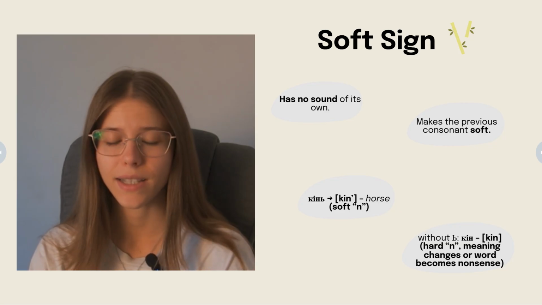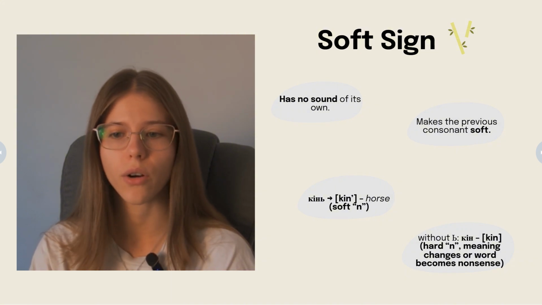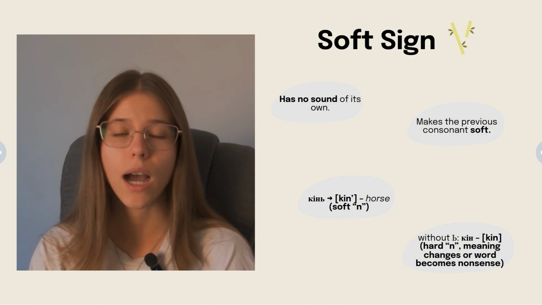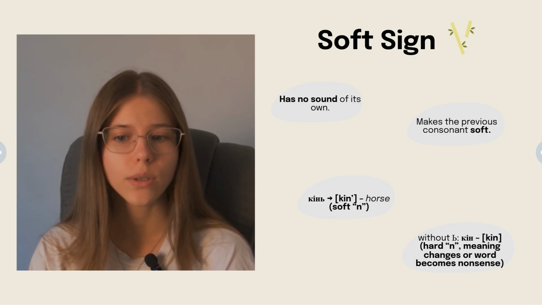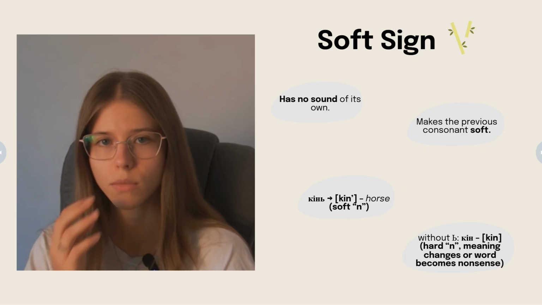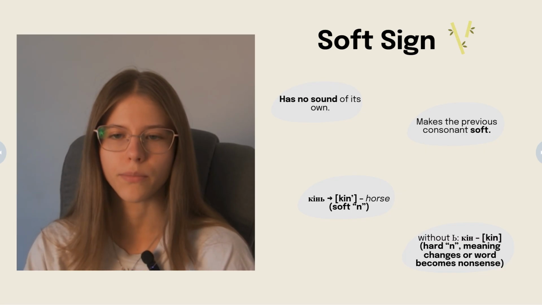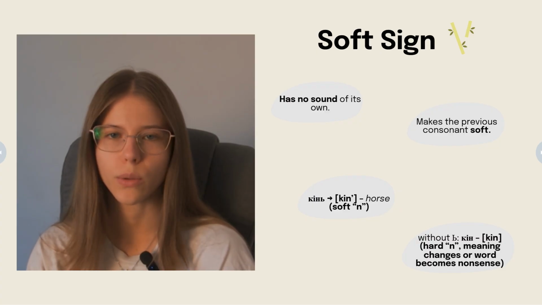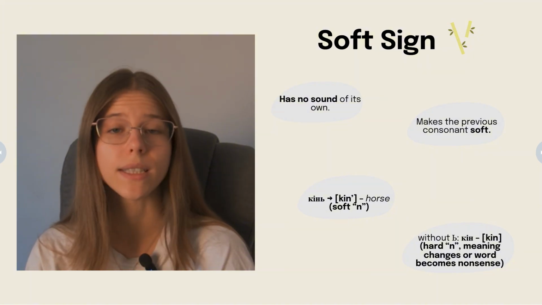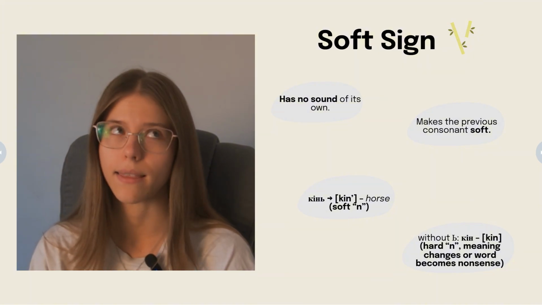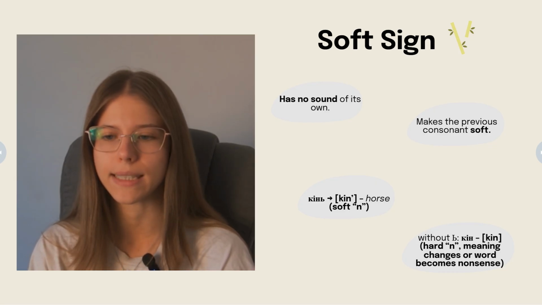Next letter is a soft sign, м'який знак, and for this letter I've created a specific extra slide, because it's very important to pronounce it correctly and to see how it works. The soft sign has no sound of its own, so if you see the letter soft sign, you will not pronounce it at all. You always need to have a syllable with another consonant, and then you will see how it affects the previous consonant.